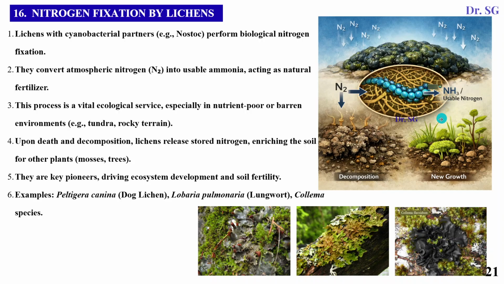This process is very vital as an ecological service, especially in areas where there is a very poor or barren environment like tundra, rocky terrain, all those areas. Upon death and decomposition of these lichens, they also release the stored nitrogen, enriching the soil for further plants to grow on it.